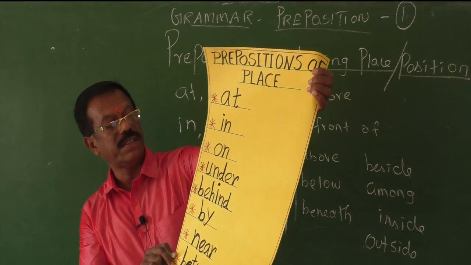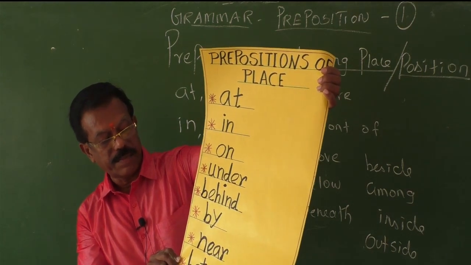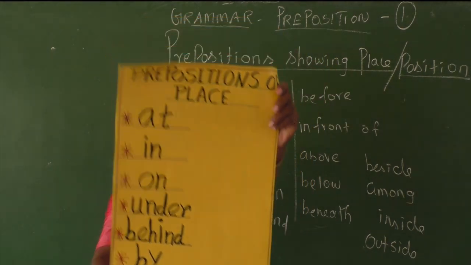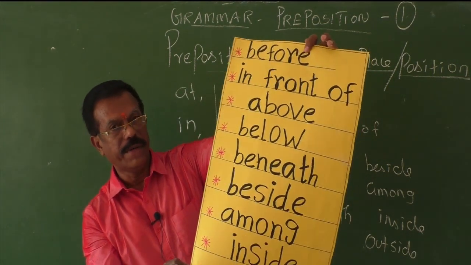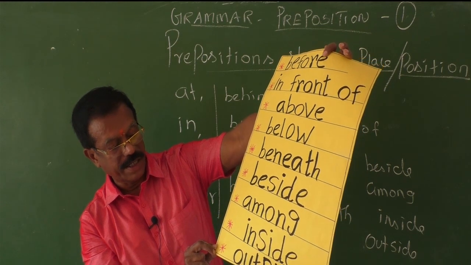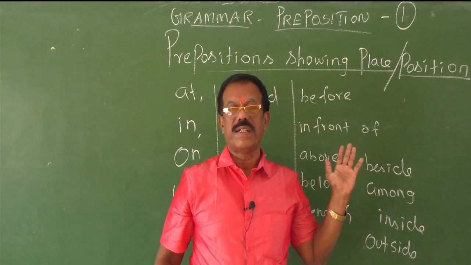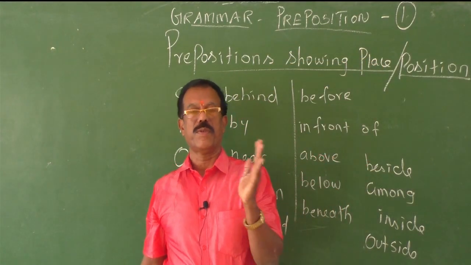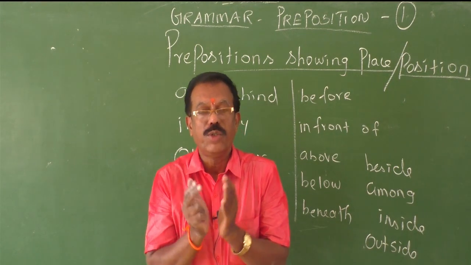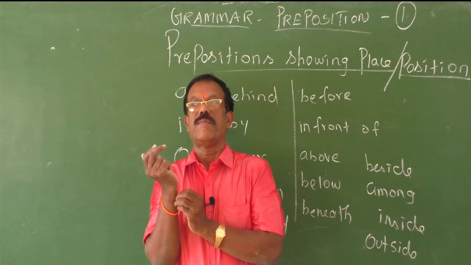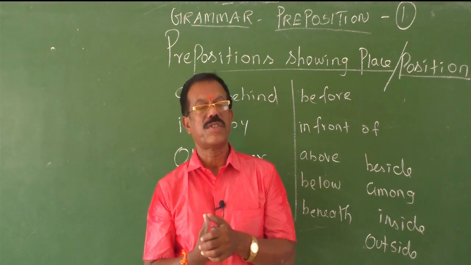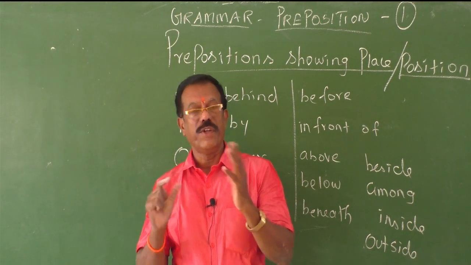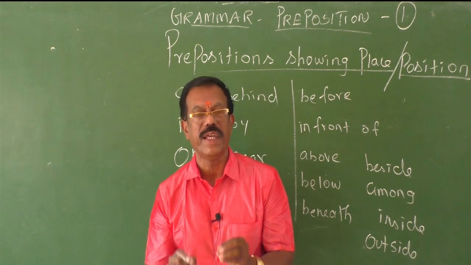At, in, on, under, behind, by, near, between, before, in front of, above, below, beneath, beside, among, inside, outside. You should know how to use these prepositions of place and position in your own sentence. That's important. Most of the prepositions are used as an adverb, so when you frame your own sentences, you have to use them very carefully.